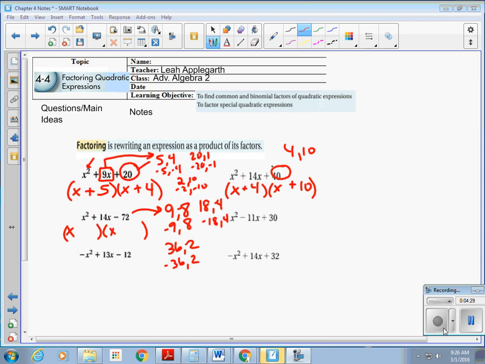If you don't know which numbers 72 factors into, I know that 72 is even, so I know at least 2 goes into that, and I can start dividing out my 2's. The one that equals +14 out of these possibilities is +18 and -4.